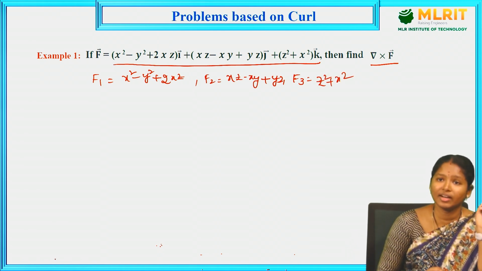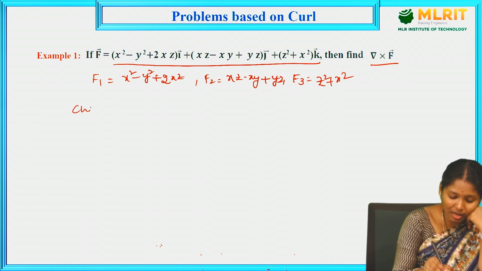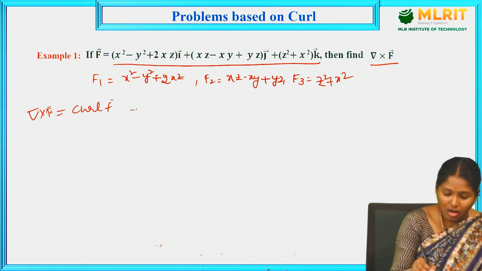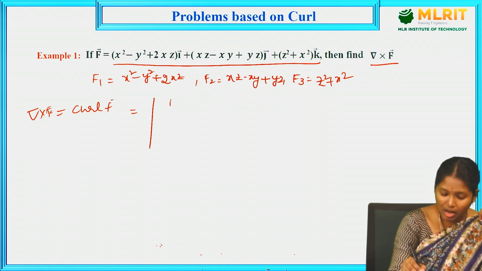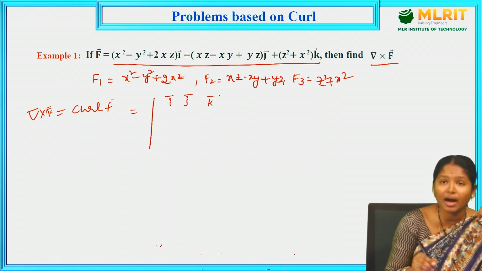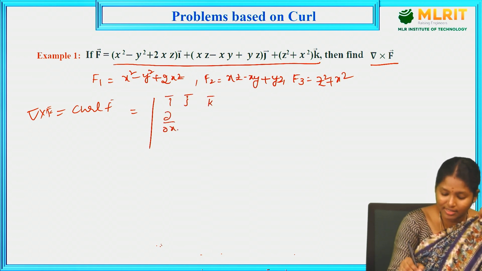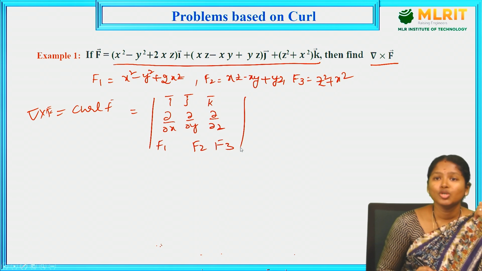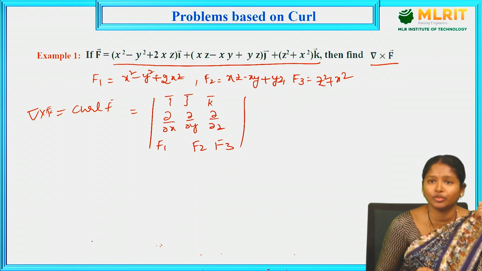So this is given, right? What is the formula of curl f bar or del cross f bar? The determinant of i bar, j bar, k bar, dou by dou x, dou by dou y, dou by dou z, f1, f2, f3, right? So we will substitute f1, f2, f3 in the formula.